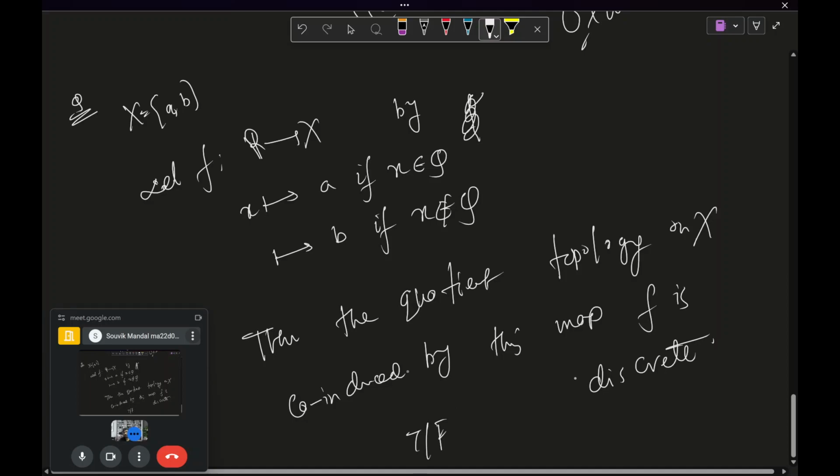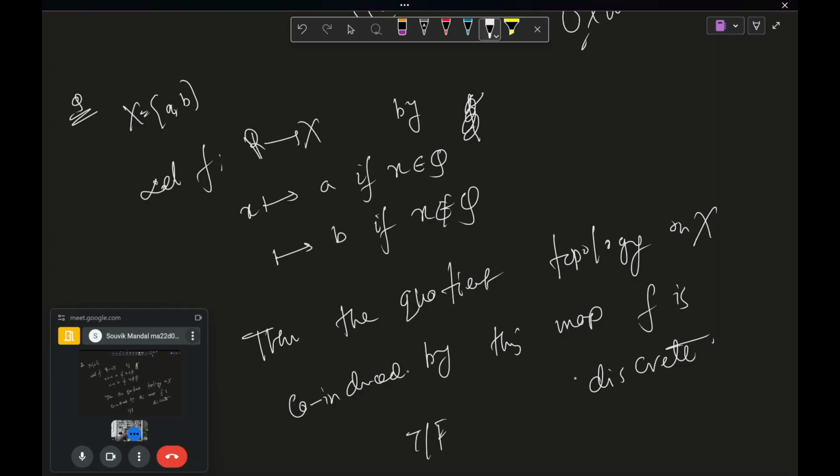The question is that we have already been given some description: if f is a map from R to X, then on capital X we have a topology. This is what this means.